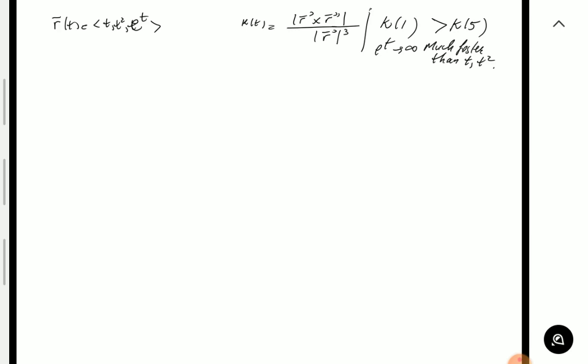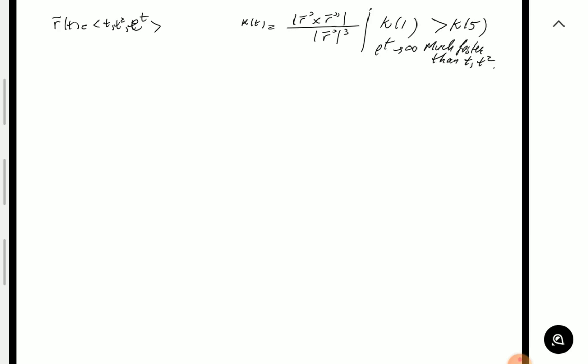But z goes much faster, which means the effect is like this curve is stretched vertically quite a lot as t increases. So if t increases even from 1 to 5, e to the 5 is so much bigger than e to the first. If I compute k of 10, for example, if t equals 10, it's an even much larger pull.